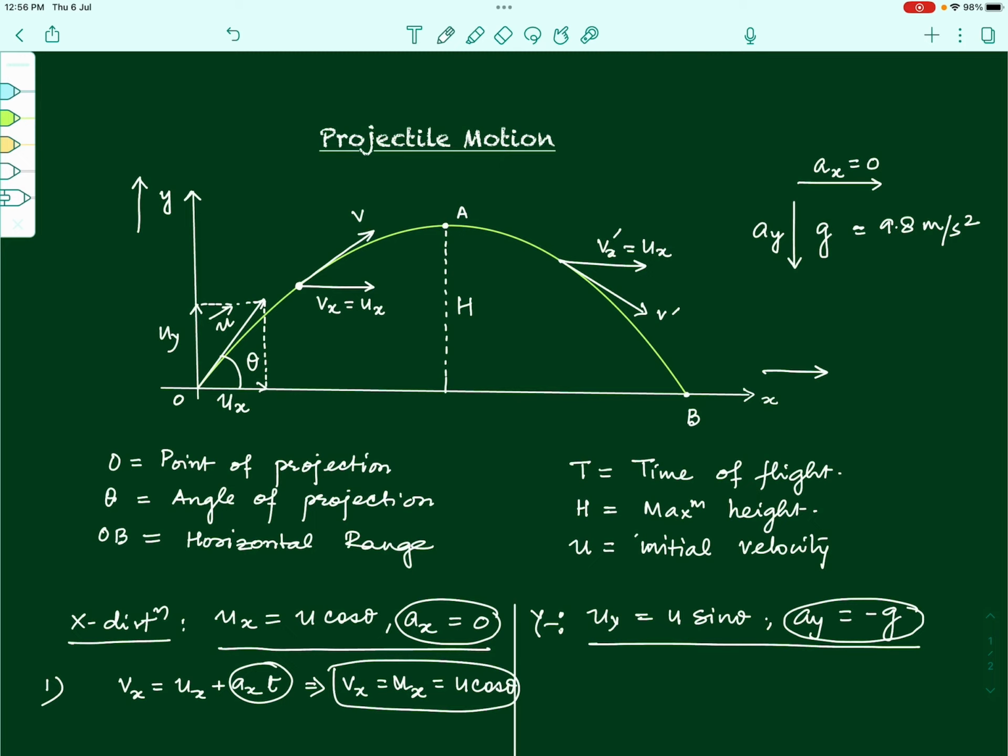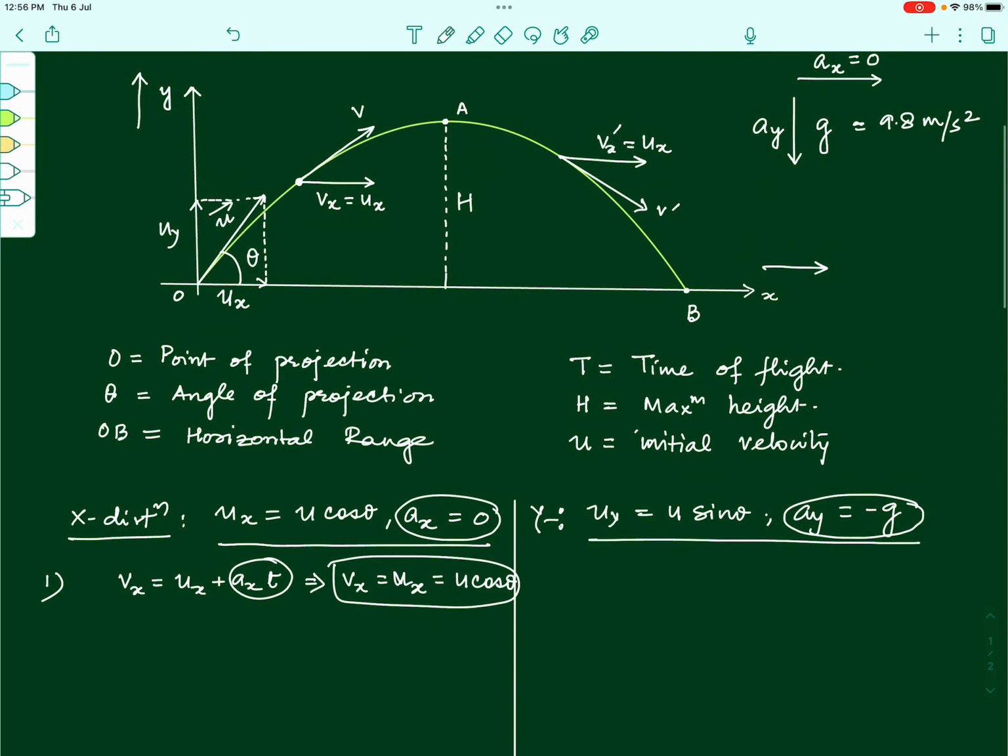It moves with a uniform motion along the x axis, right. So, this is what this first equation of motion along the x axis is telling us. Let us call it equation number 1.